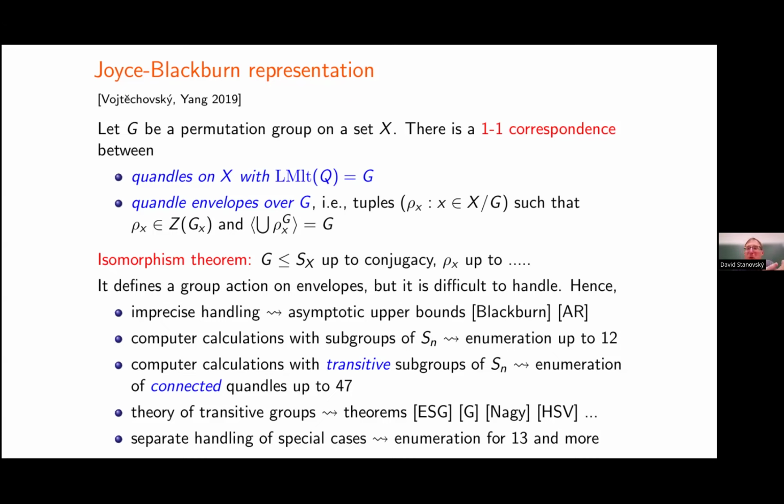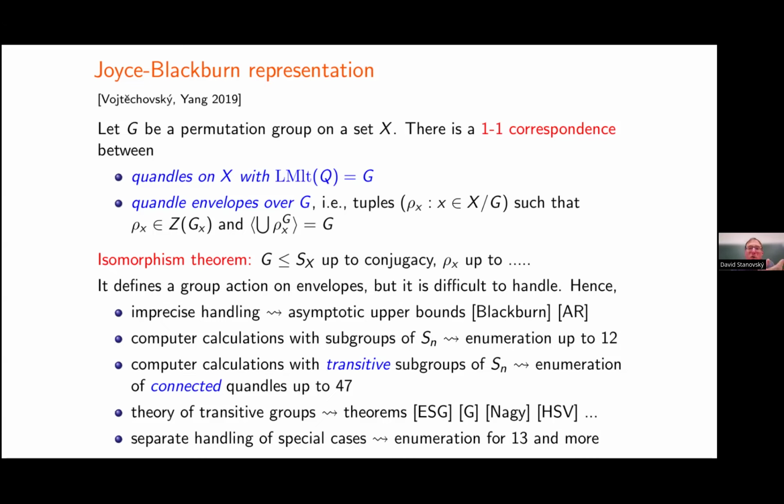Well, you can handle it imprecisely in the sense that instead of calculating precisely the orbits of this action, you just estimate the number of orbits. The number of orbits of this action corresponds to the number of quandles up to isomorphism of given size with a given group. So this imprecise handling is the basis of the results of Blackburn and of Ashford and Riordan, and that's how they were able to get the upper bounds and the asymptotic behavior for the number of quandles.